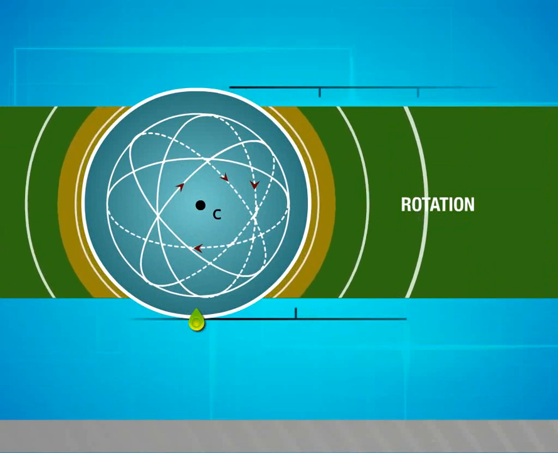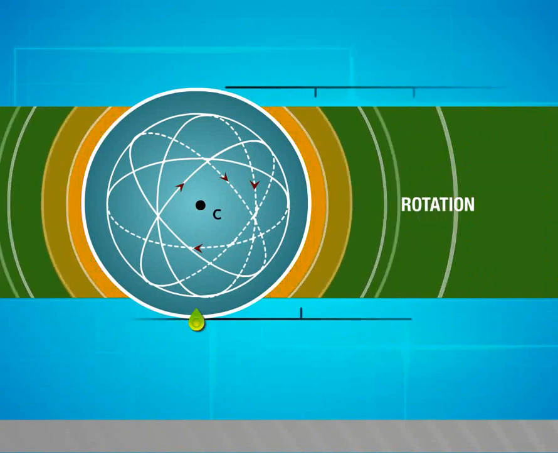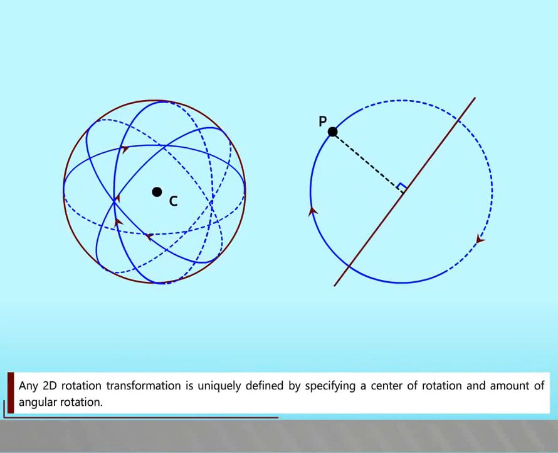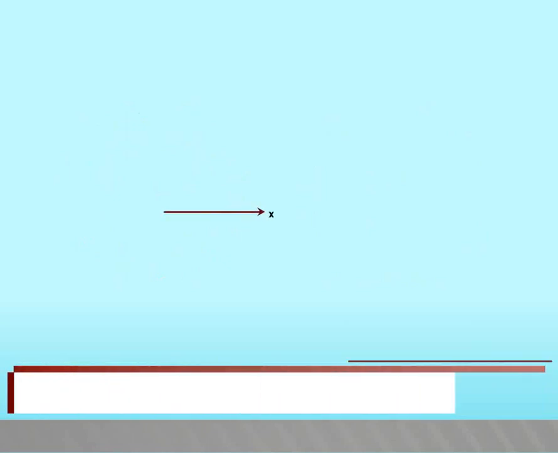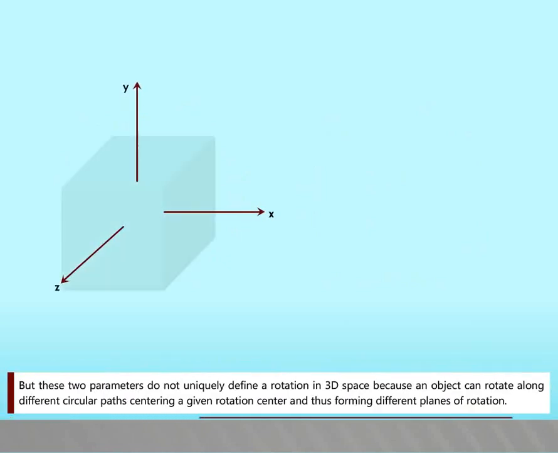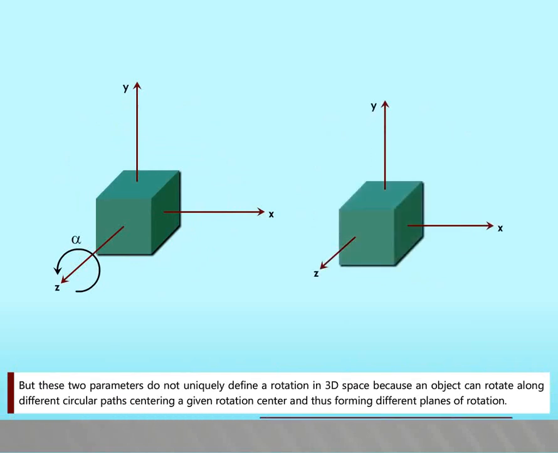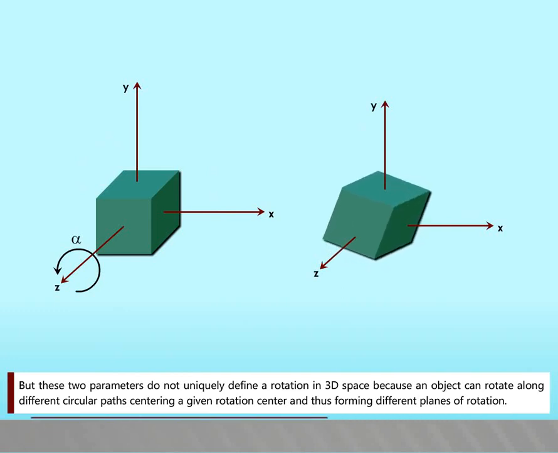Rotation. In this video, we are going to see about rotation. Any 2D rotation transformation is uniquely defined by specifying a center of rotation and amount of angular rotation. But these two parameters do not uniquely define a rotation in 3D space, because an object can rotate along different circular paths centering a given rotation center and thus forming different planes of rotation.